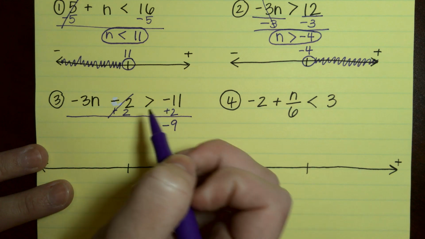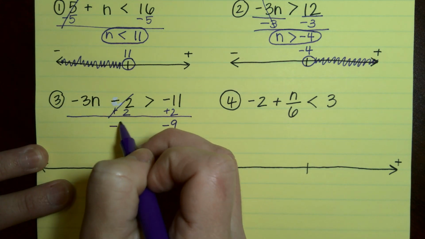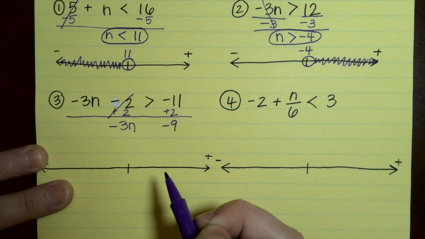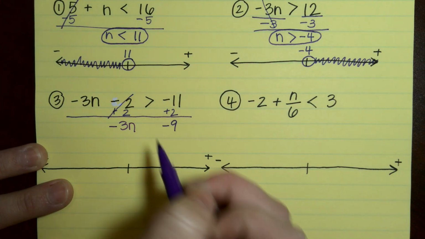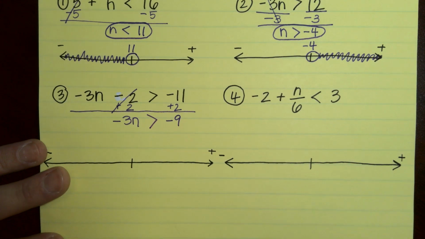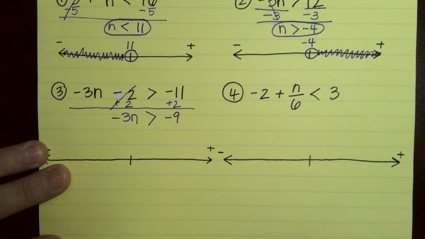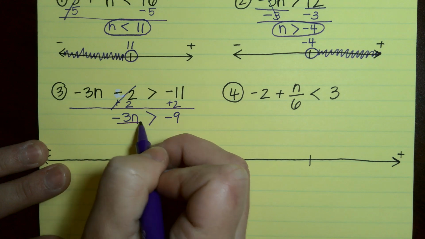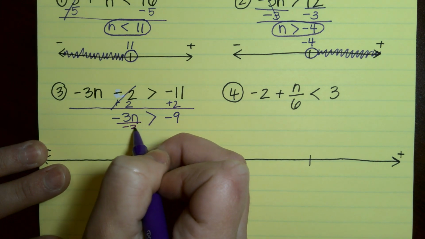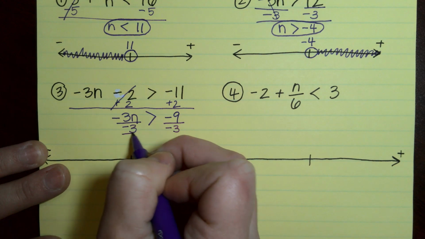So what am I going to write below this line? -3n. Greater than. Yes, is greater than -9. We're almost there. What's my last step? Dividing it. Yes, now we can mess with that -3n. We're going to divide by -3 to get rid of the multiplication.